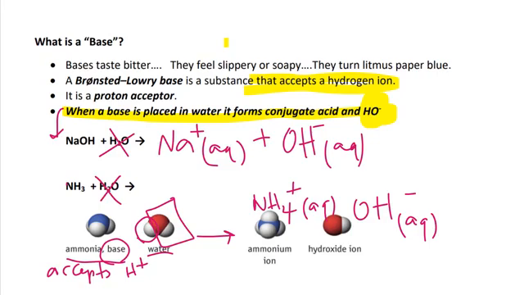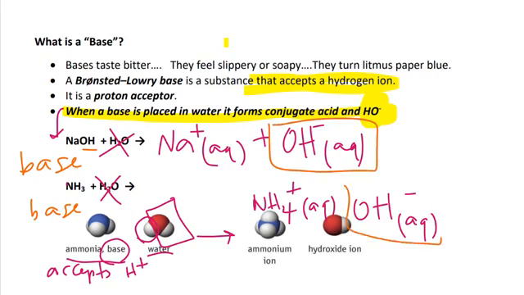So what we call these, we know obviously this NaOH, because it's got the OH right there, is a base, and my ammonia we know is a base, and both of these result in this hydroxide. And right here we said when a base is placed in water, it forms a hydroxide and a conjugate acid.